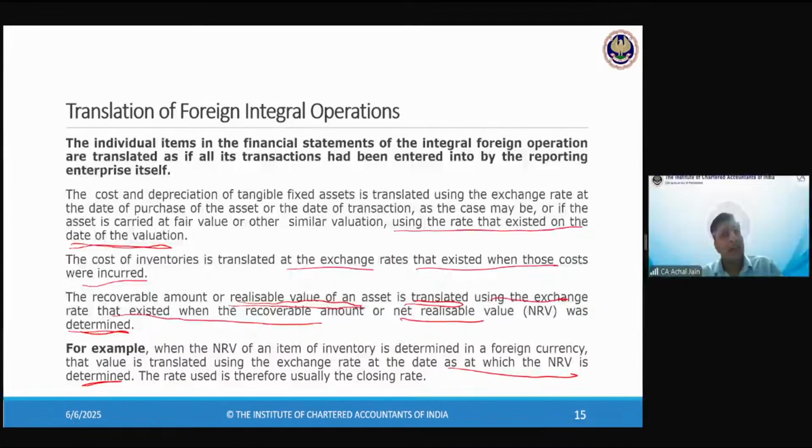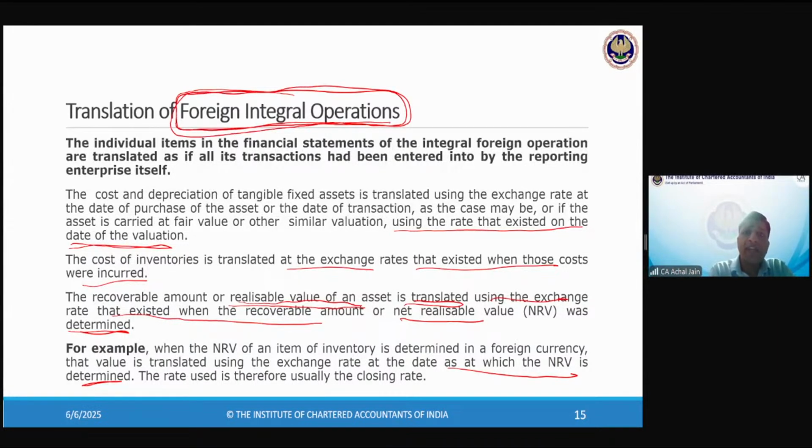Record any foreign currency transaction at the date of transaction, and then, as at the reporting date, translate any monetary asset or monetary liability. These two are the principles. The same thing you will apply to foreign integral operations, no change. So the same accounting requirement will be followed, the same as we discussed in the previous session.